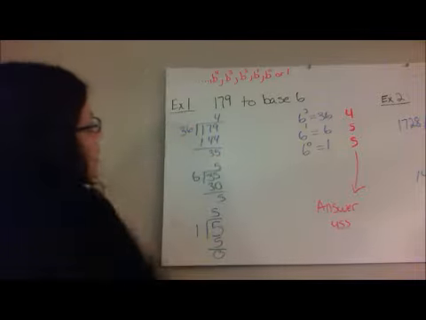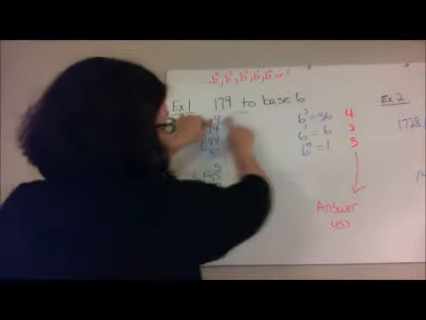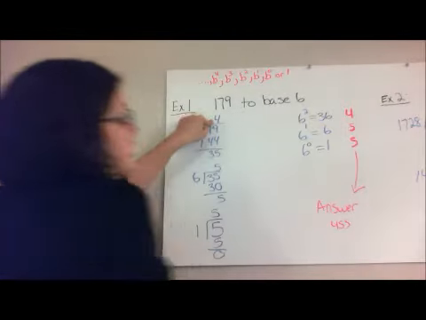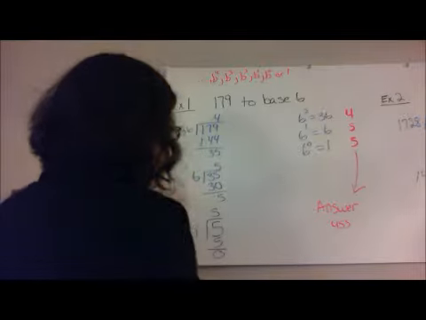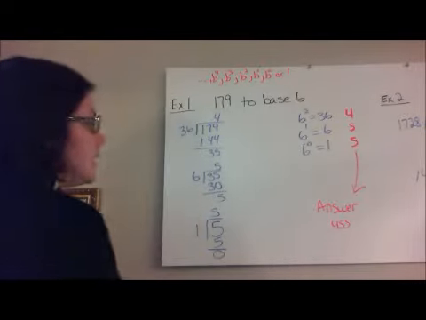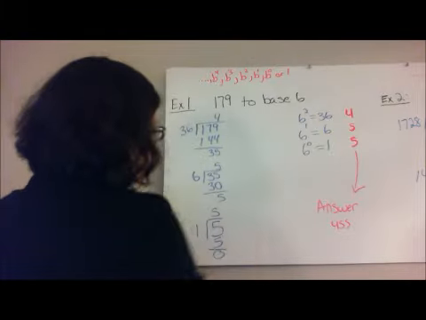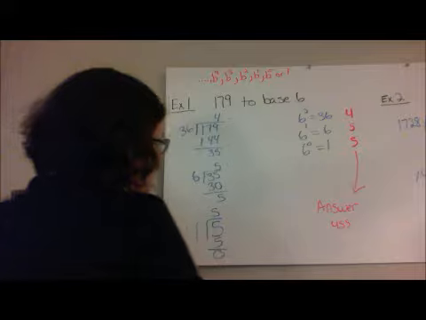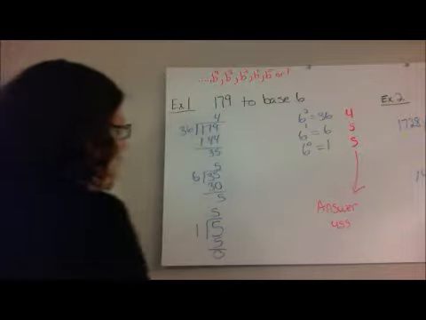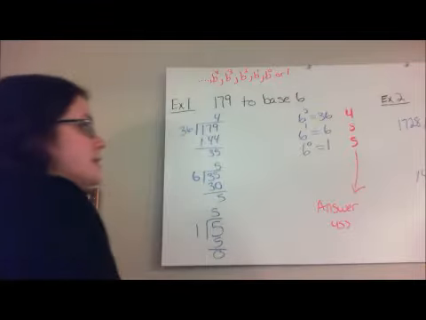What we're going to do with this 4 is slide it right on the other side there. Now we take that 35, we drop it down. We take the next number, which would be the 6. 6 goes into 35 5 times with a remainder of 5. We take that 5 and scoot it right next to the 6 over there.